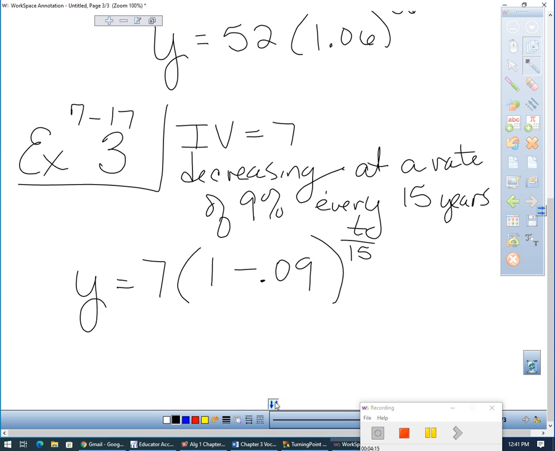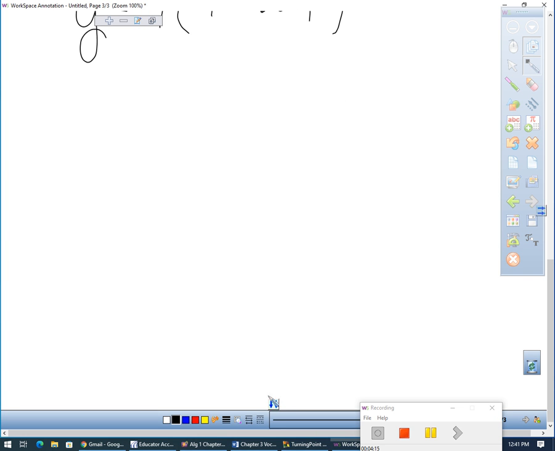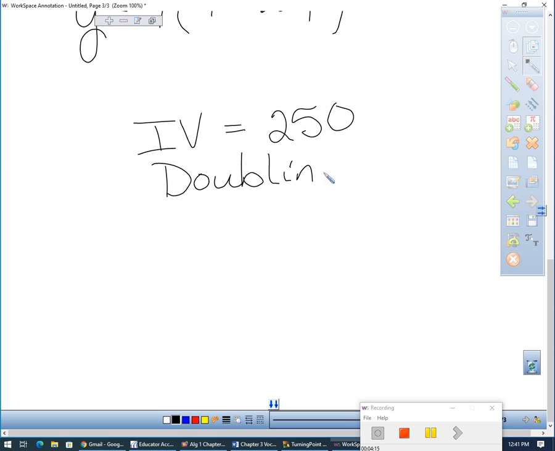We'll just leave it underneath the same example real quick. Let's say our initial value is 250. It is doubling, which is not a percent, so we've got to decide how it's happening, every week.